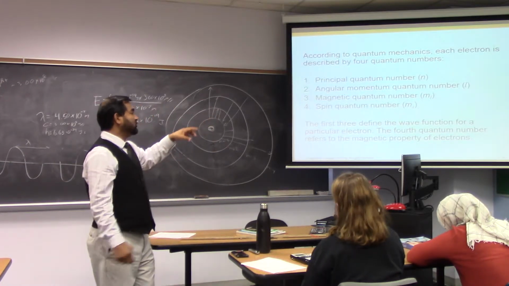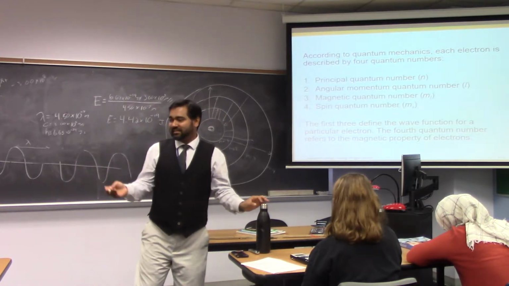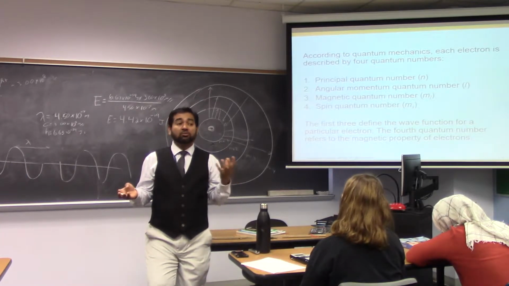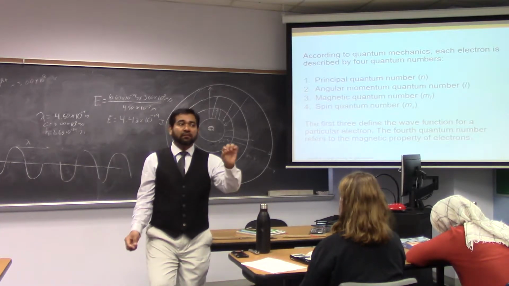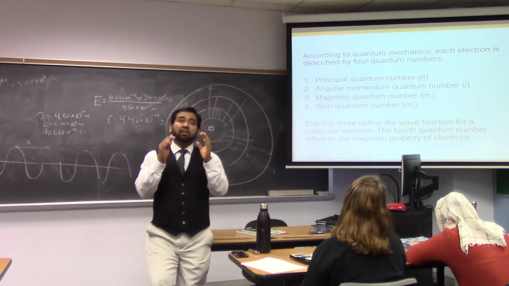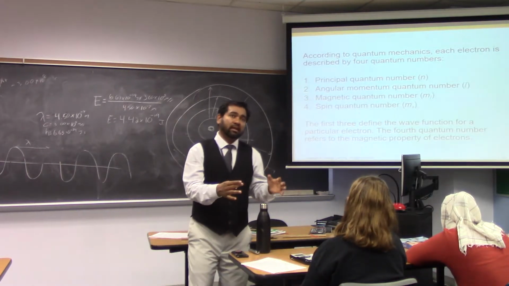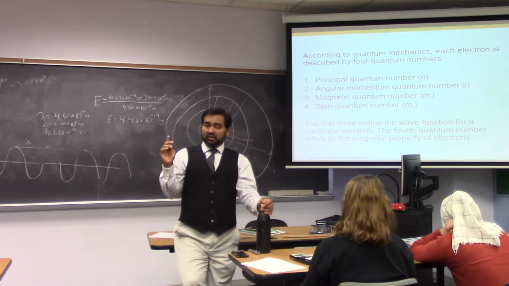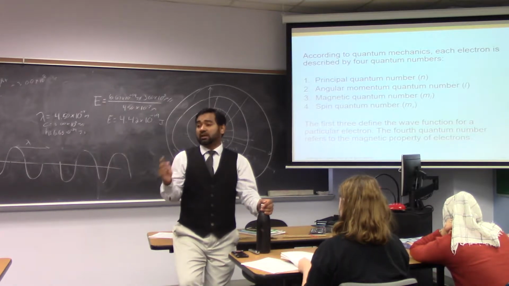The second one is the angular quantum number, which tells you how the orbital looks, because the electron lives in an orbital. Depending on how the orbital looks, it can tell you where electrons are located.